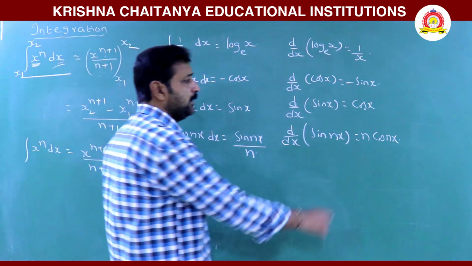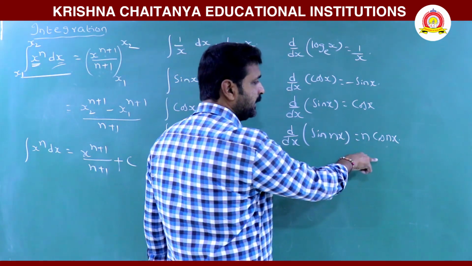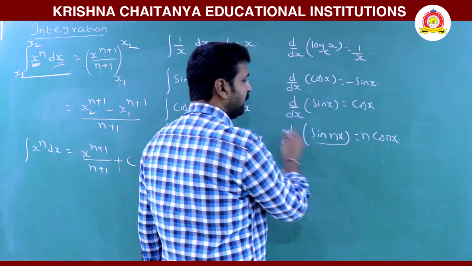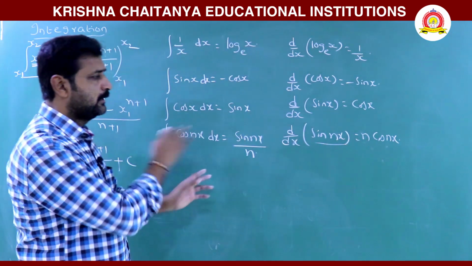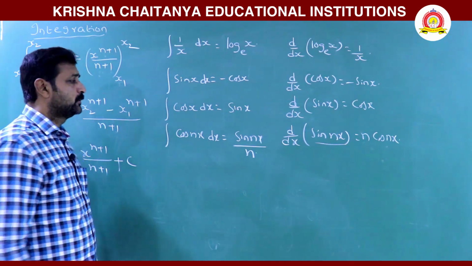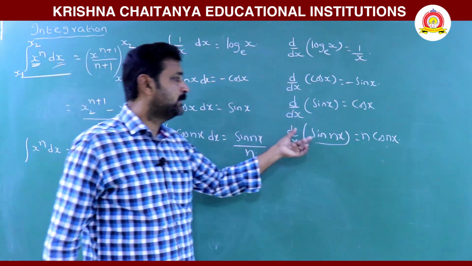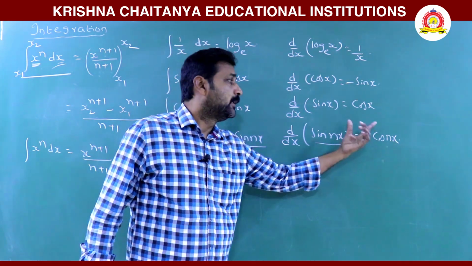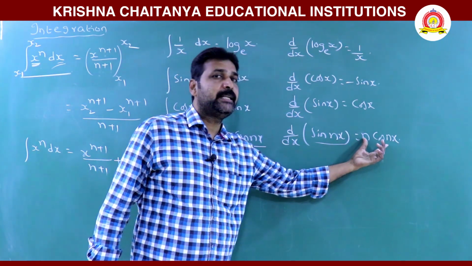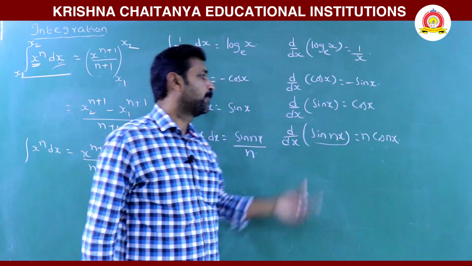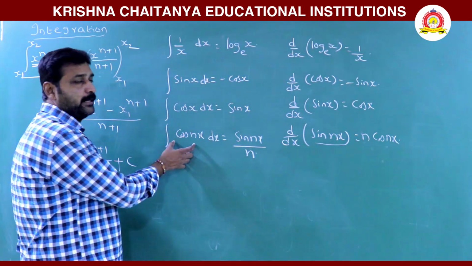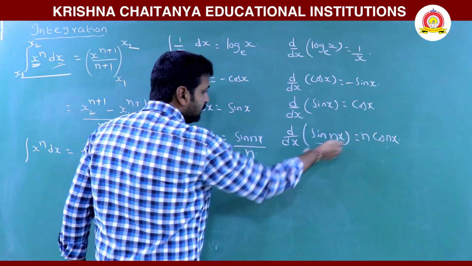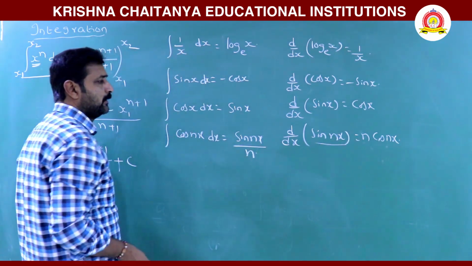Now, if integral n cos nx is integrated, the n cancels and you will get again sin nx. The reverse theory will be: when sin nx is differentiated, you are getting n cos nx. If n cos nx is integrated, you get sin nx. Here we are just integrating cos nx, so this is sin nx by n.